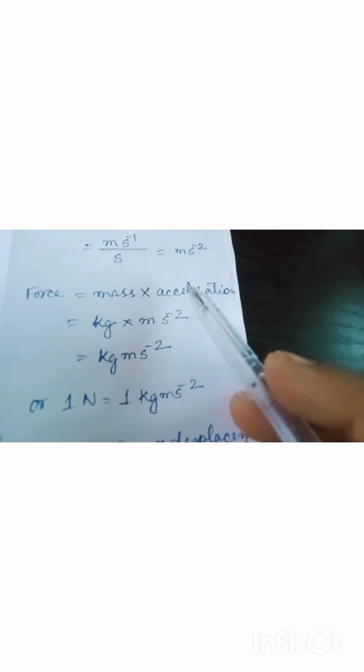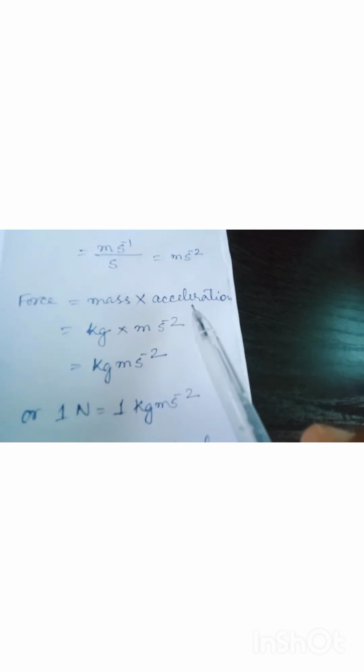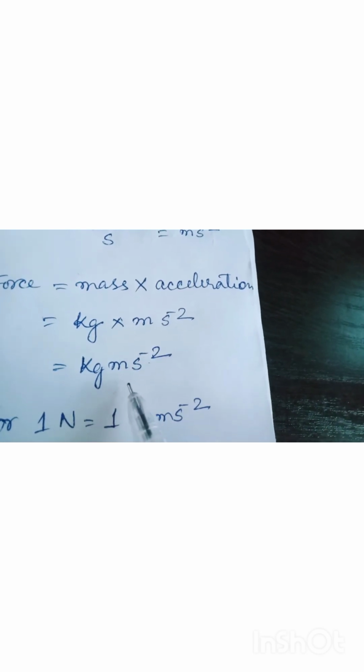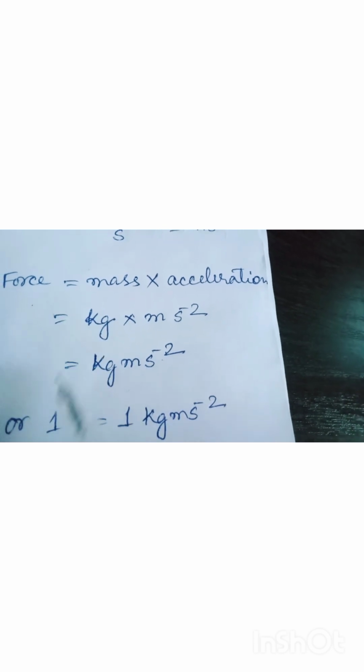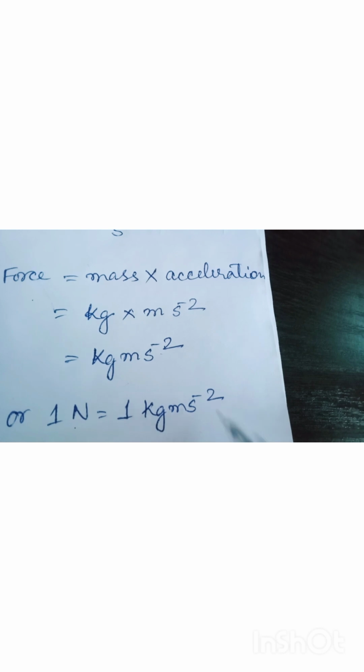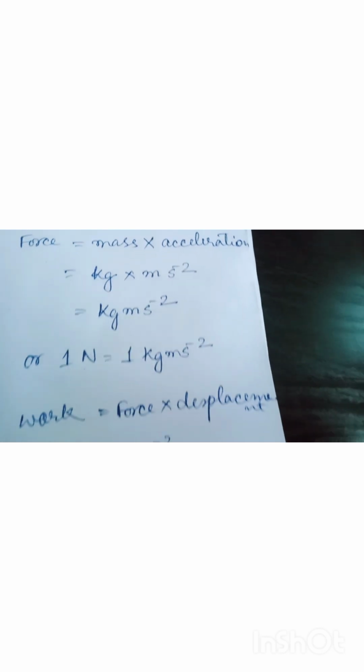Similarly, force is the product of mass and acceleration. The unit of mass is kg and of acceleration is meter per second square. So the SI unit of force is kg meter per second square. We also know that the SI unit of force is Newton. So 1 Newton can be written as 1 kg meter per second square.